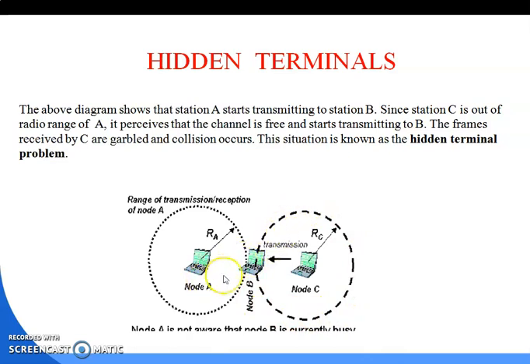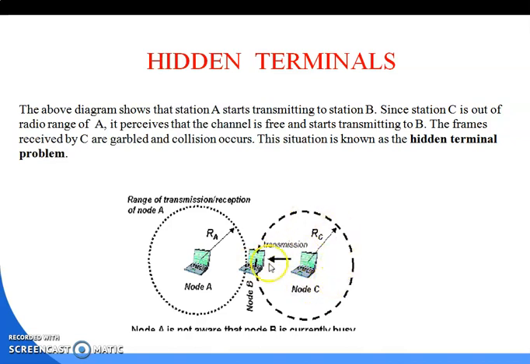That means when A sends data to B, though C is out of range of A, C assumes that B is not receiving any transmission. So C is ready to transmit data to B, because A's range does not cover C, so there is no way for C to know whether A is transmitting data to B right now.